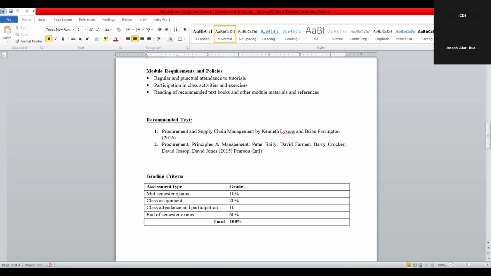Mid semester is 10%, and then class assignment and quizzes. And I love to do unannounced quizzes. If you have spoken with those in level 200, probably you have been informed.